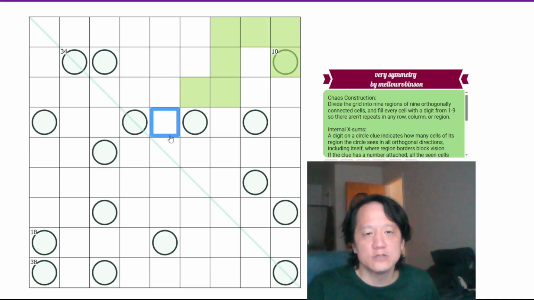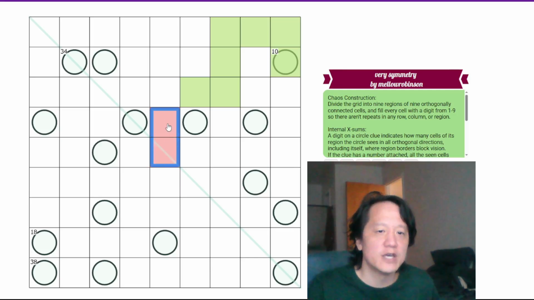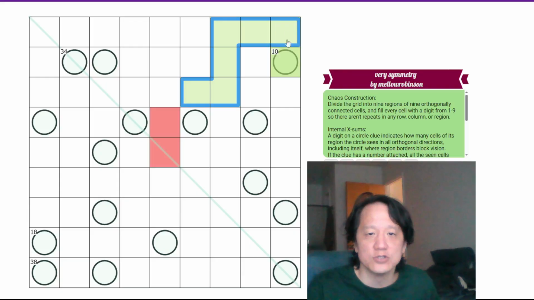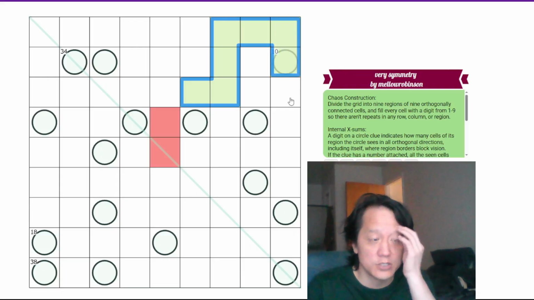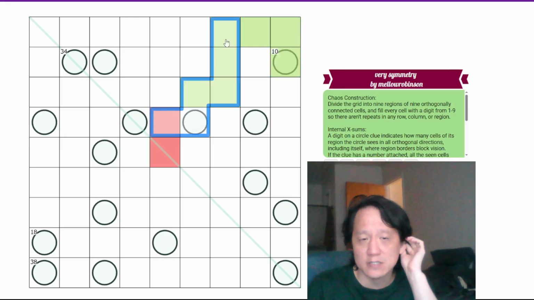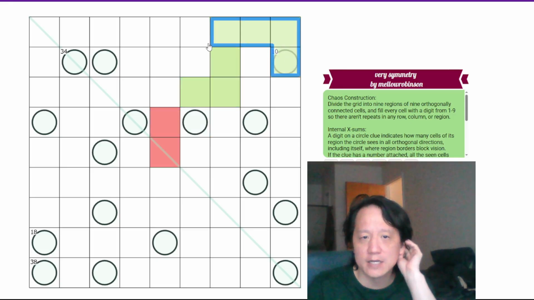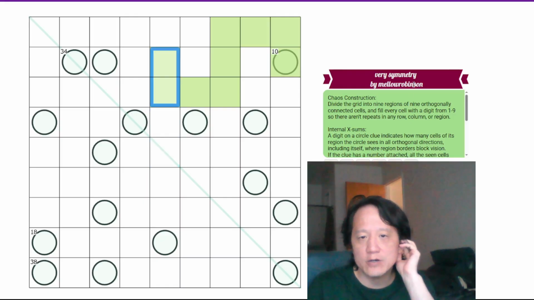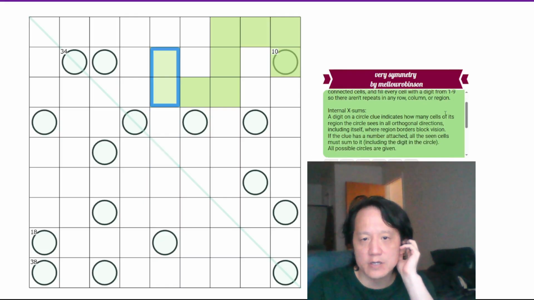What you cannot have as a valid orthogonally connected region is something like this, because these 2 cells, even though they can get to each other by going through edges while staying within the region, cannot go to the other cells in the region by going through edges while staying within the region. They either have to go through a corner or go through an edge but exit the region to do so, and neither of those are allowed. So those are examples of how orthogonally connected regions work.